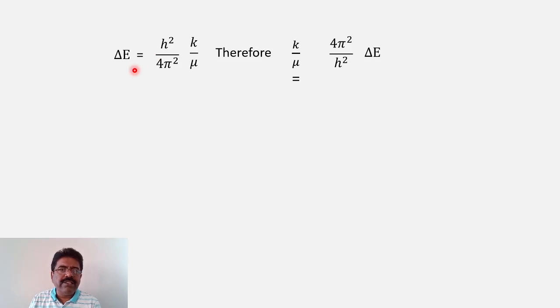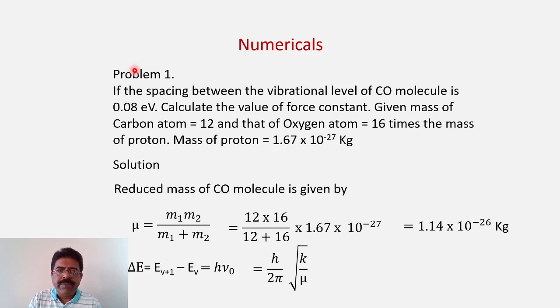How? So delta E is equal to h nu 0. If you square both sides, this will simply be delta E squared equals h square nu 0 square, that is equal to h square upon 4 pi square into k upon mu.